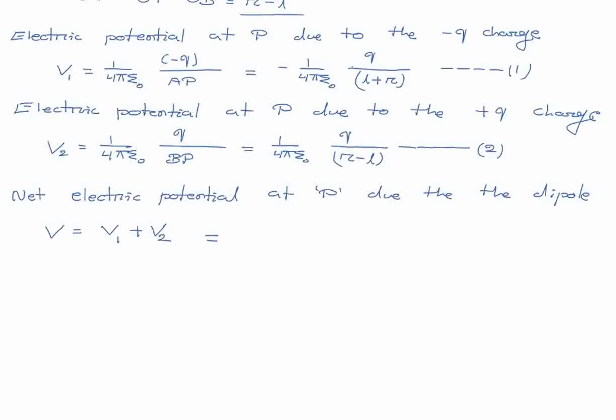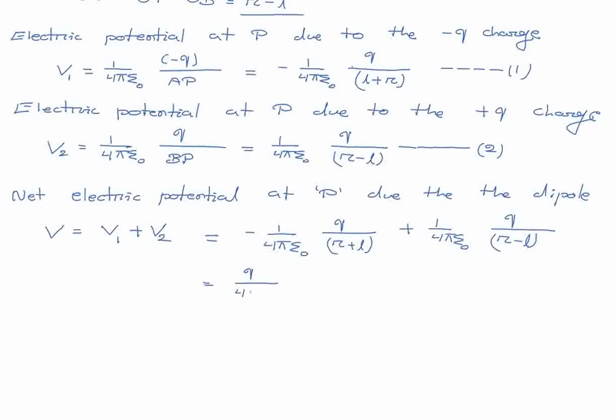Here V1 is equal to minus 1 by 4 pi epsilon naught Q divided by r plus L, plus 1 by 4 pi epsilon naught Q divided by r minus L, which is V2. Let us take Q divided by 4 pi epsilon naught common.